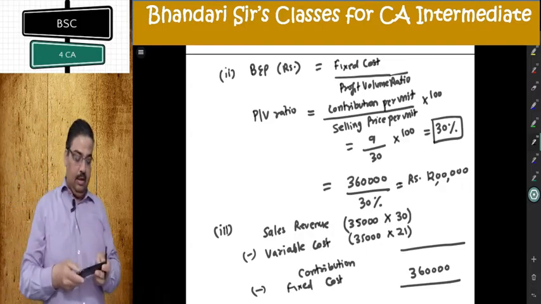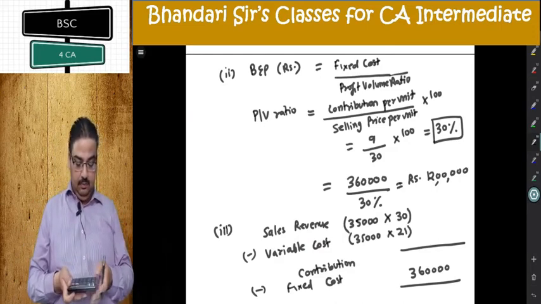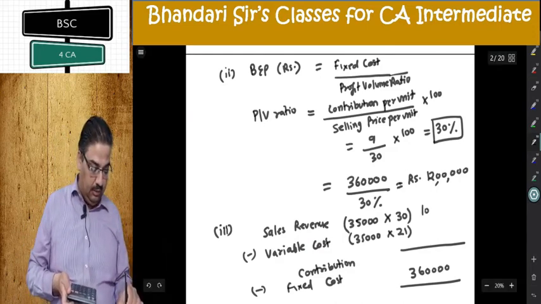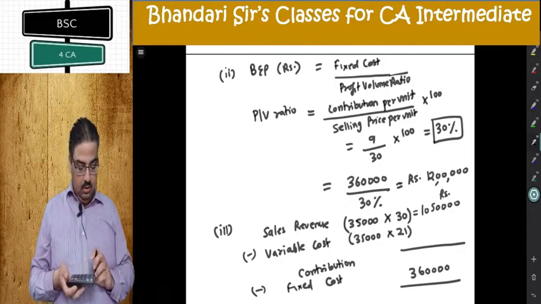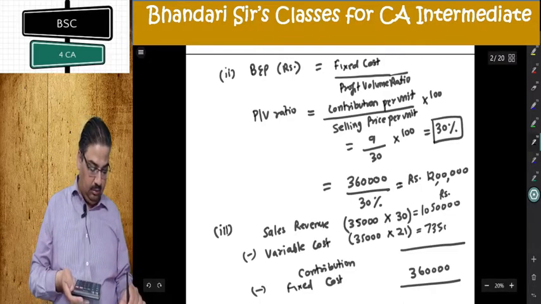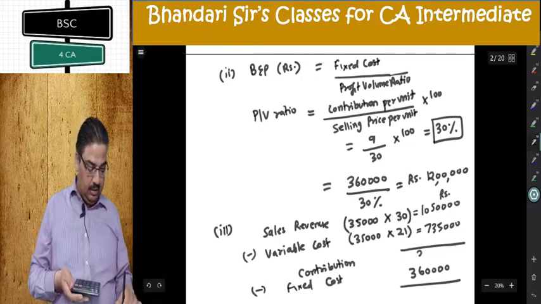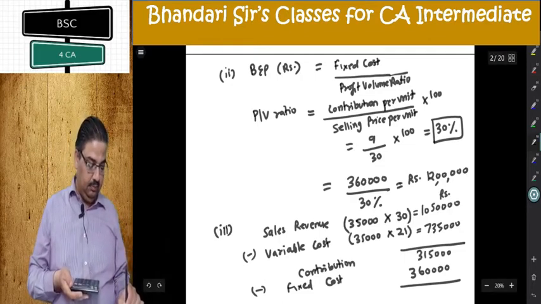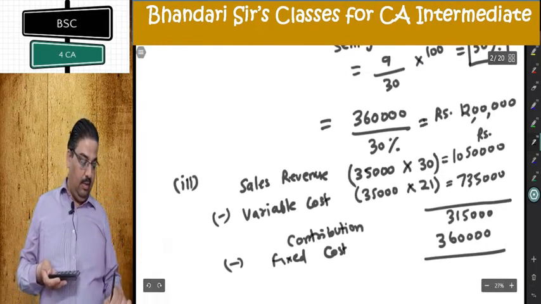So let us compute. 35,000 multiplied by 30, I am getting 10,50,000. 35,000 multiplied by 21, I am getting 7,35,000. Once I reduce, I am getting 3,15,000. And my fixed cost is 3,60,000. So what I am getting?